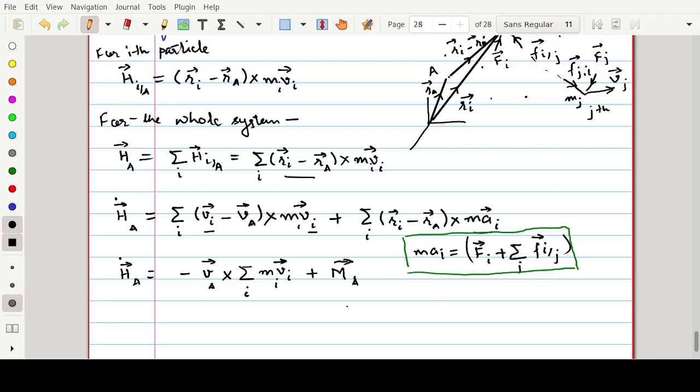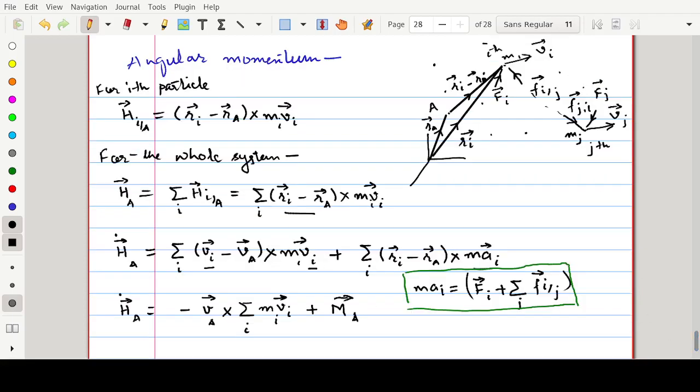Now notice one thing, that in this moment contribution of all the internal forces will be zero. Why? Because they are acting in a line, they are equal and opposite in magnitude. So the moment of these forces, when you add them up, its contribution will be zero.